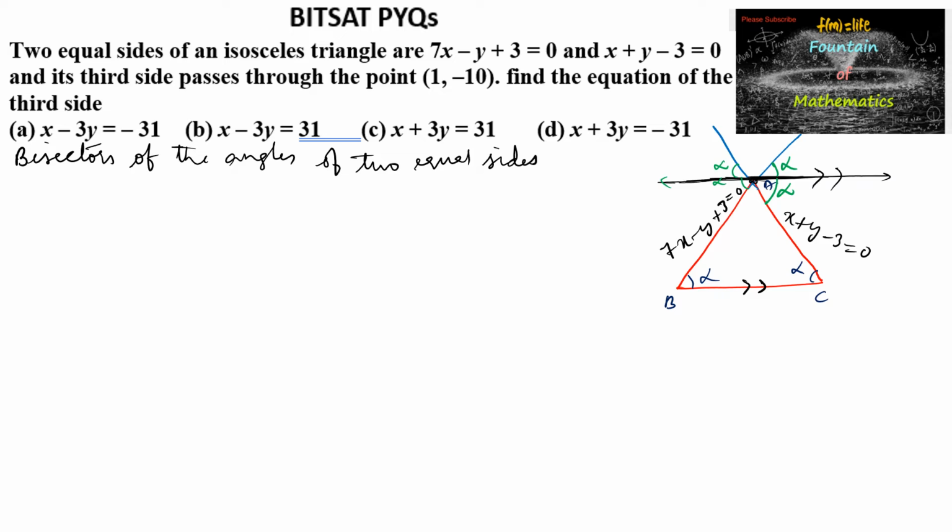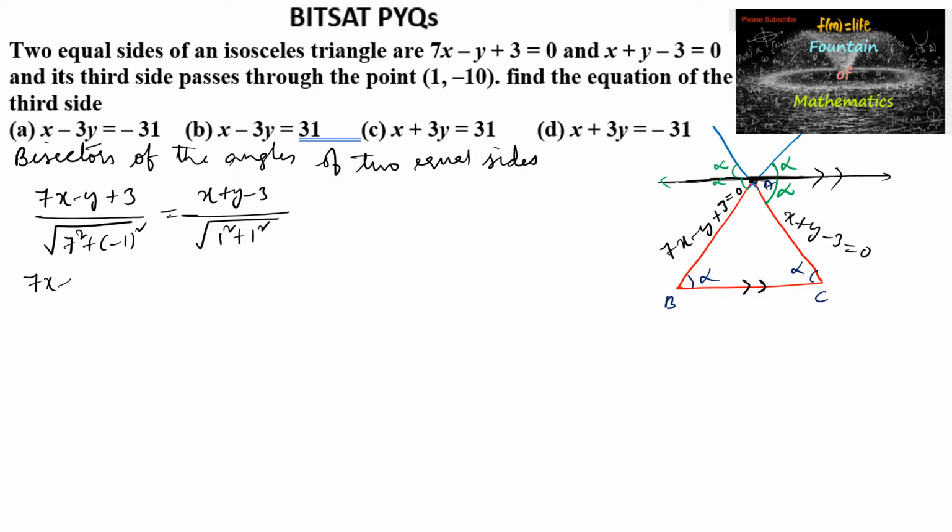of an isosceles triangle, which can be given by (7x minus y plus 3) upon root of 7 squared plus (minus 1) whole squared, is equal to plus or minus (x plus y minus 3) upon root of 1 squared plus 1 squared.